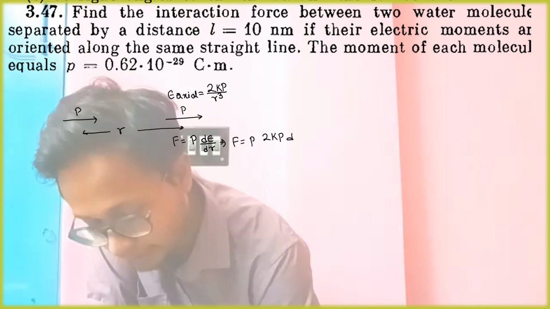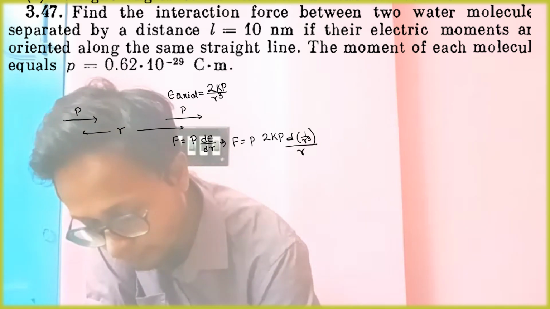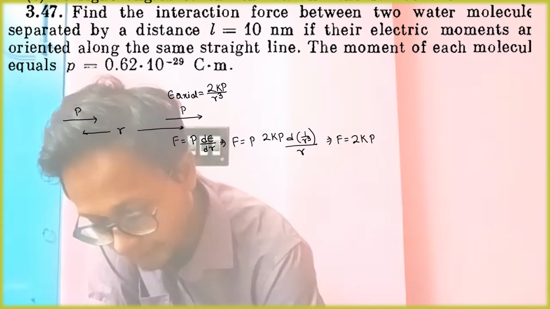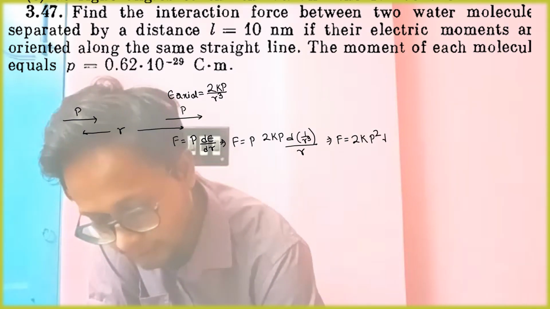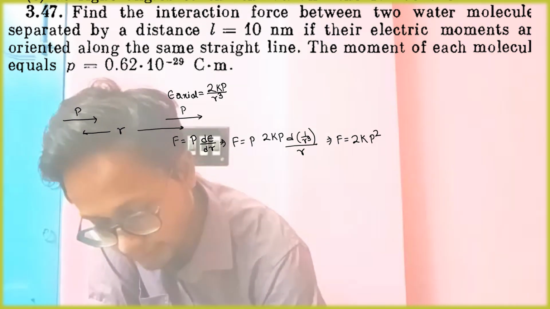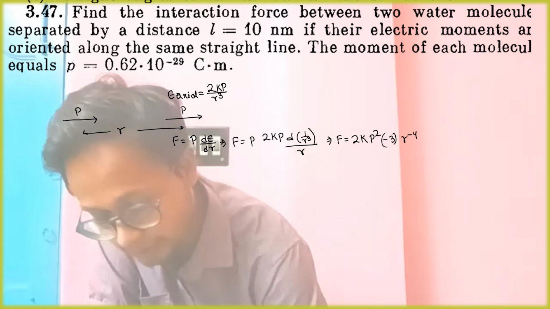Now d of 1 by r cube by dr is nothing but minus 3 into r to the power minus 4.